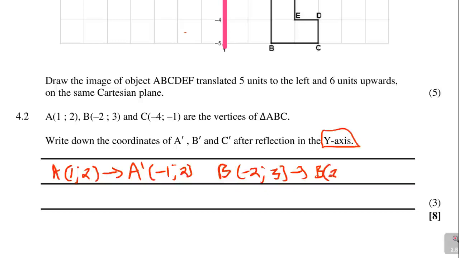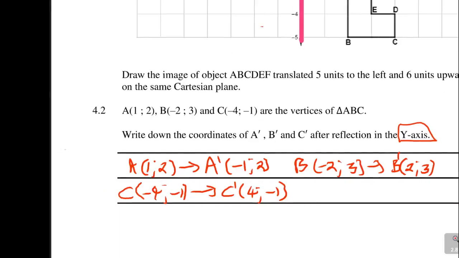It becomes 2 and 3. The opposite is true. And then C, this is the new B. C was minus 4, minus 1. It will become the new C, which is 4, minus 1. Alright, so this is a reflection along the y-axis.